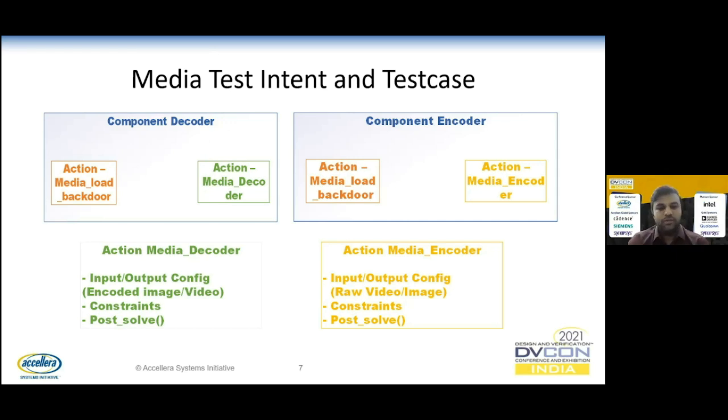All of this will be constrained and processed. We also have something called post-solve. You can see in this media action we have all these different combinations of constraining the desired configurations, and then post-solve, which deals with the post-processing checks after decoding and encoding. When a decoding or encoding is completed, it generates an interrupt saying that my encoding is done or my decoding is done.